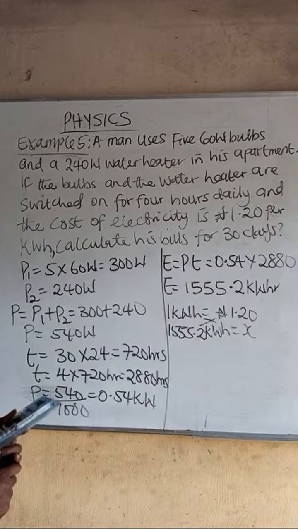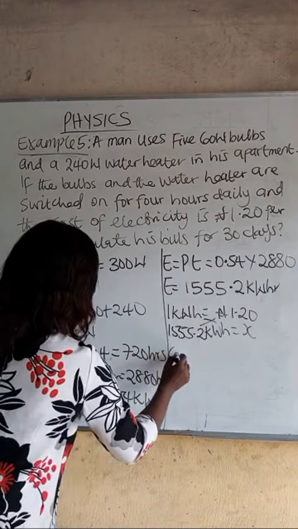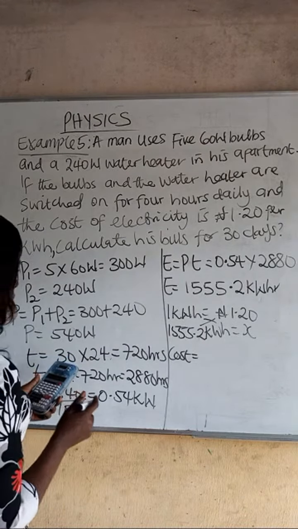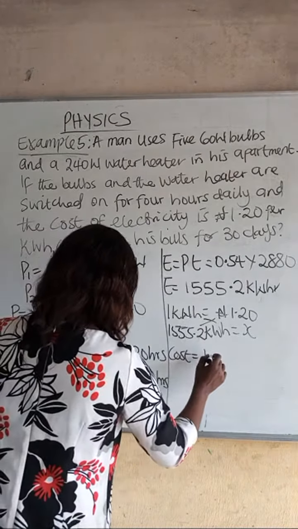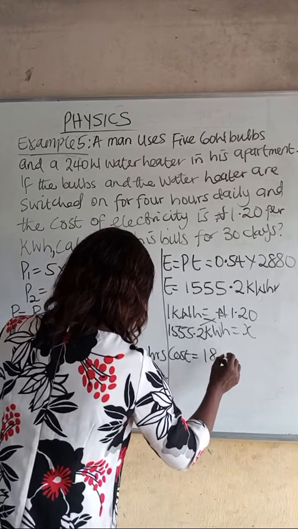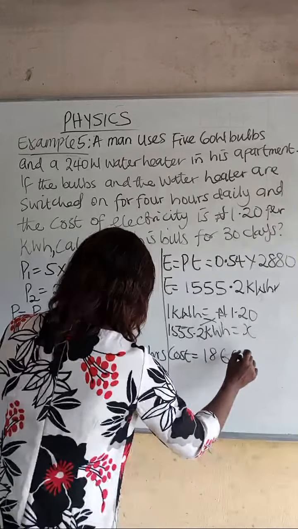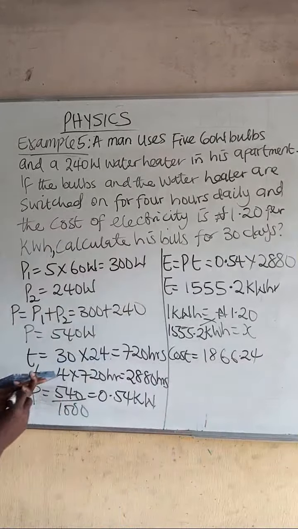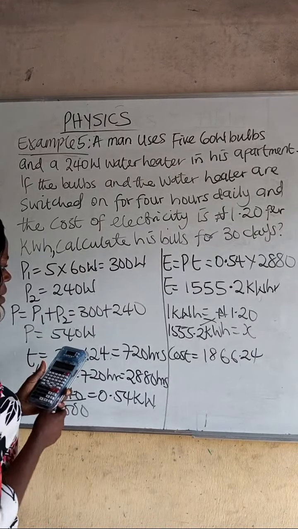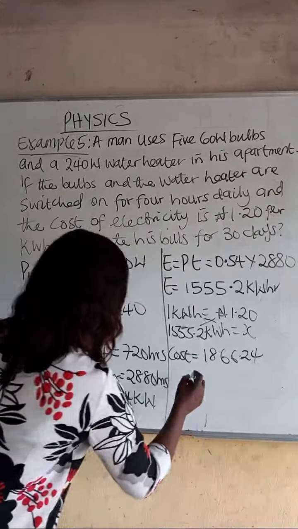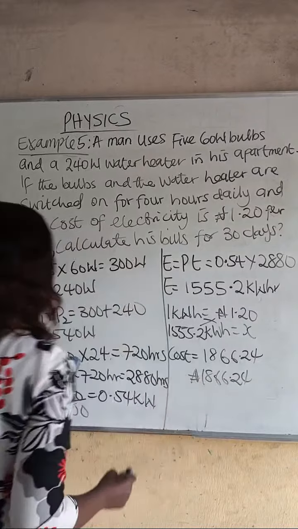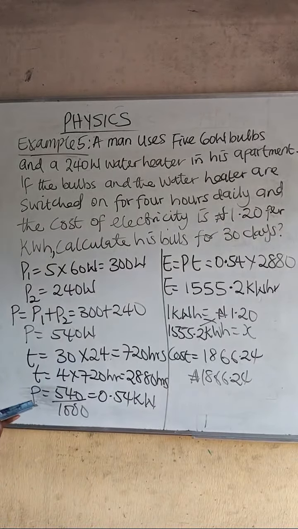So if I cross multiply, my cost is going to be 1866.24, right? But knowing that, okay, so that is what we have.